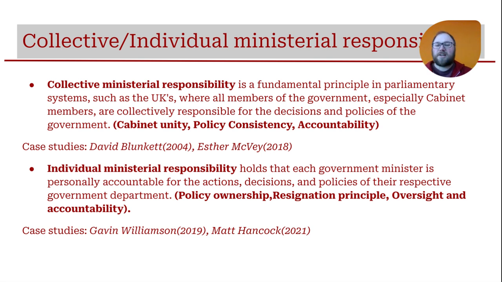And so, for example, in 2021, Matt Hancock being caught in a compromising position with his aide could be deemed against the Ministerial Code of Conduct, undermining his position as a minister, and therefore you might say that he resigned under this idea of individual ministerial responsibility, because he wasn't upholding his role as a minister and the expectations around that in the way that it should be.